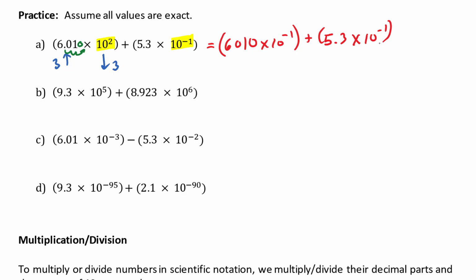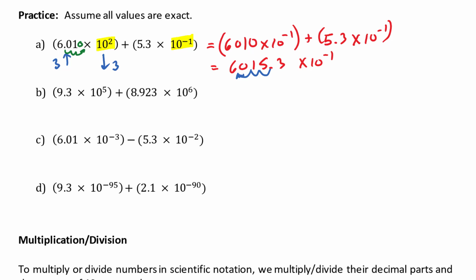Combine those together. Hopefully you don't need a calculator for this. Adding those together, we're going to put this in proper scientific notation. I move this back. 1, 2, 3. The number is getting smaller, therefore my exponent's getting bigger.